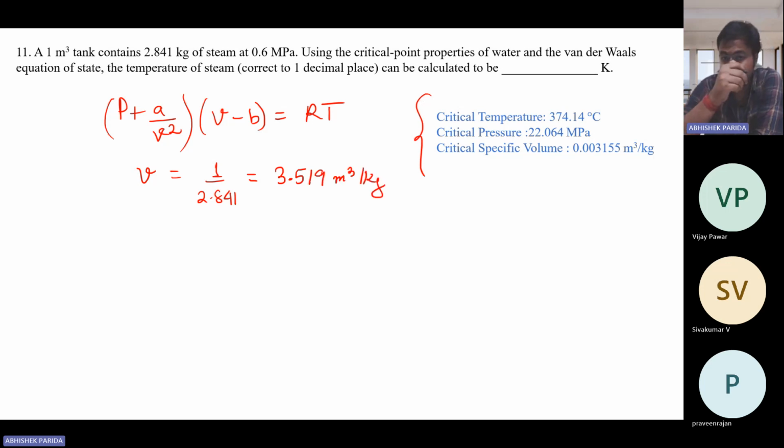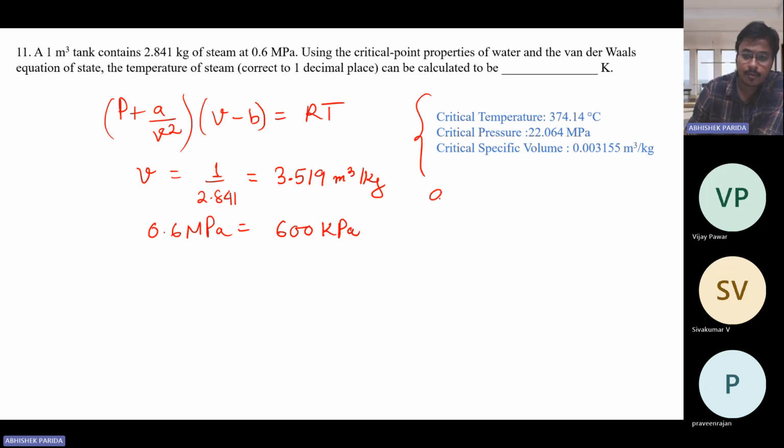This is the specific volume, and at 0.6 megapascal, that is 600 kilopascal. Using critical properties of water, that means we have to find out a and b. What are the formulas for a and b? This is a bit difficult.